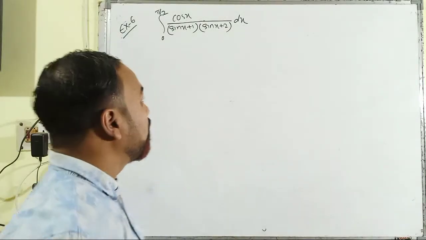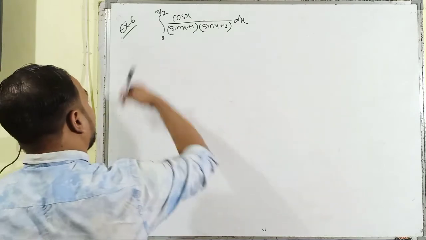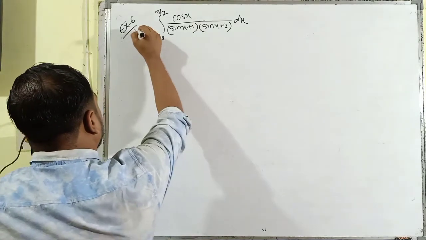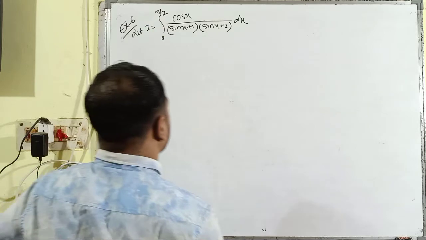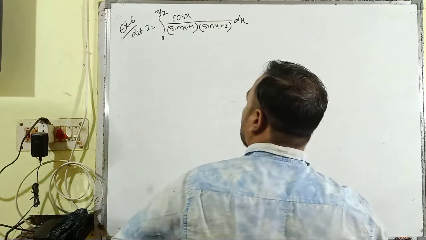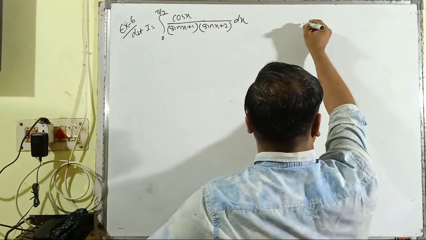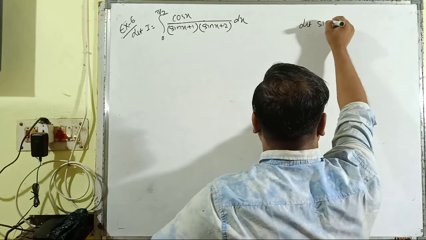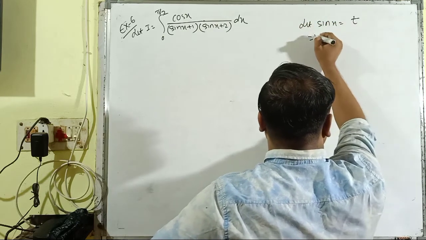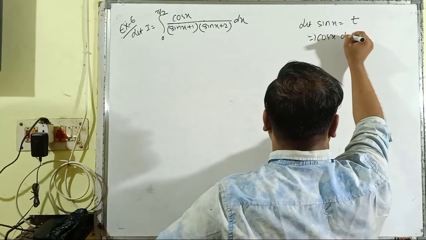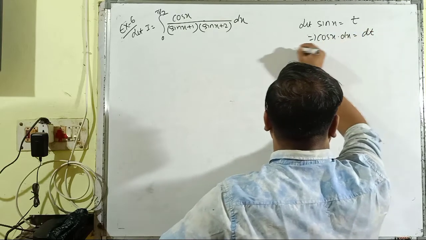So here it is the example number 6, and let us consider it as I. Let I is equal to this much. So first of all let us go for the substitution method. Let sin x is equal to t, then cos x dx is equal to dt.